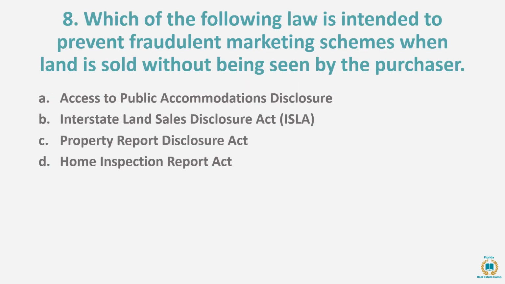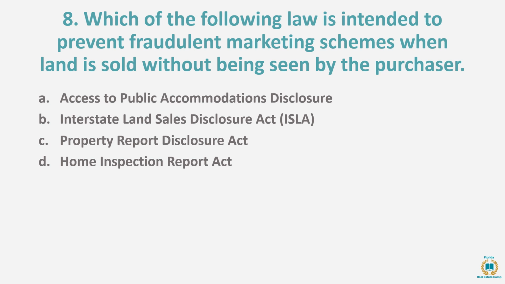Number 8. Which of the following laws is intended to prevent fraudulent marketing schemes when land is sold without being seen by the purchaser? Is it A, Access to Public Accommodations Disclosure? B, Interstate Land Sales Disclosure Act?